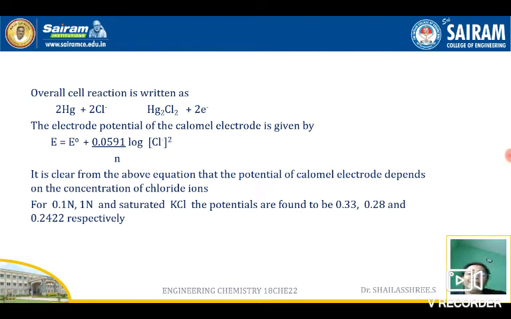You have to write this in your exam. It's very important. For 0.1 N KCl, the potential is 0.33 volts, for 1 normal KCl around 0.28 volts, and for saturated KCl 0.2422 volts.